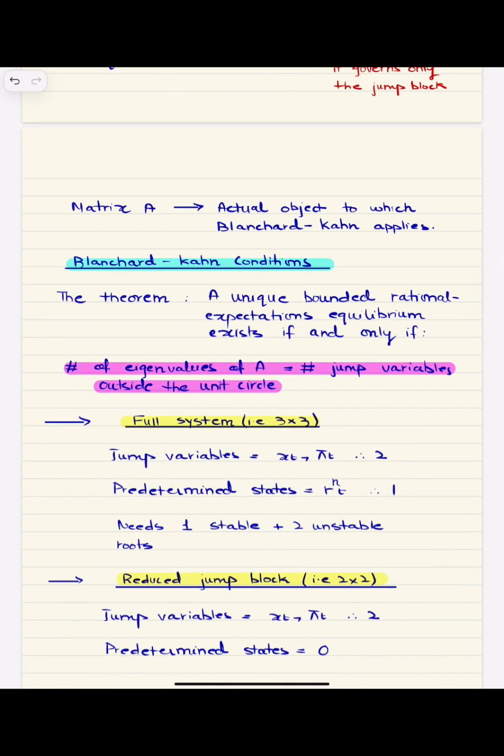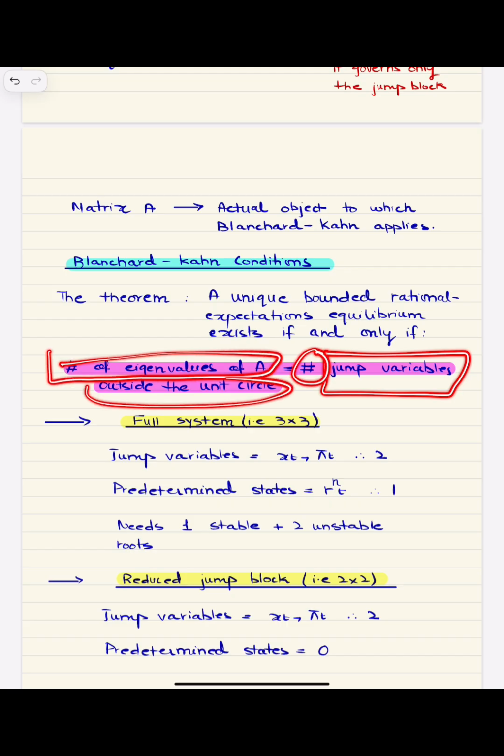Basically, the theorem tells us that a unique bounded rational expectations equilibrium exists if and only if the number of eigenvalues of A outside the unit circle, as in unstable roots, equals the number of jump variables. So we have to be able to establish the jump variables, and we count them. If there are two jump variables, then we have to have two eigenvalues outside the unit circle. That means two unstable roots.